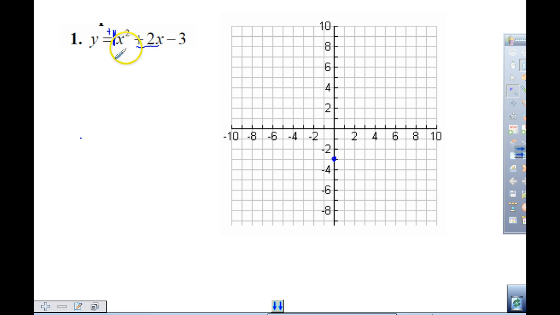Alright, and what we did is we went through and we did the vertex form. So you want to get this x minus h plus k, we want to put in this format. Okay, do the vertex form. To do that was complete the square. So we go through and we say complete the square.